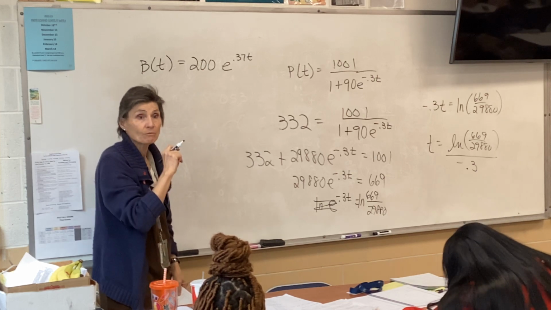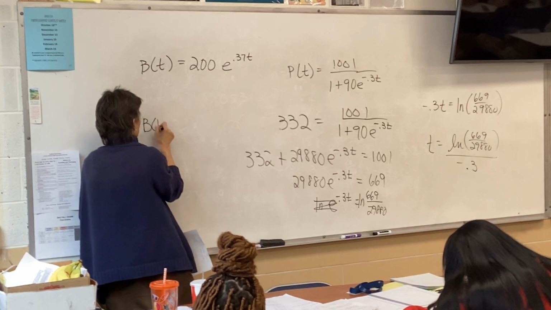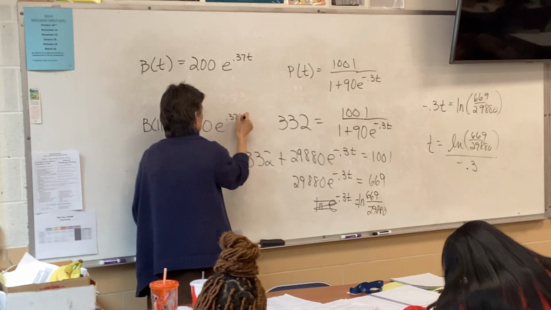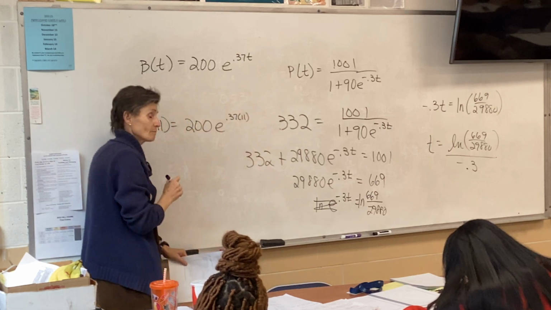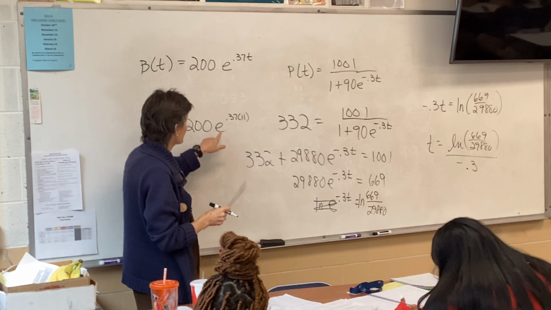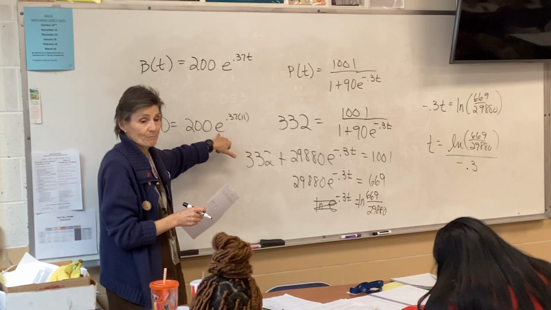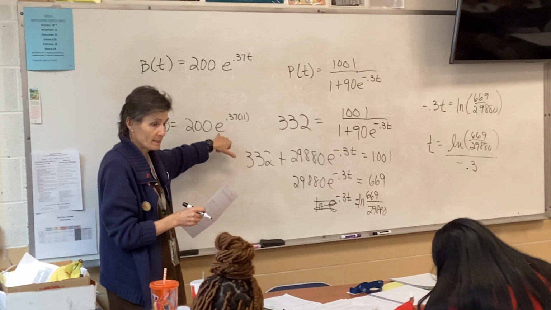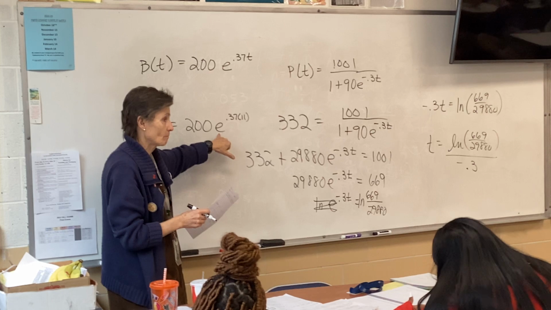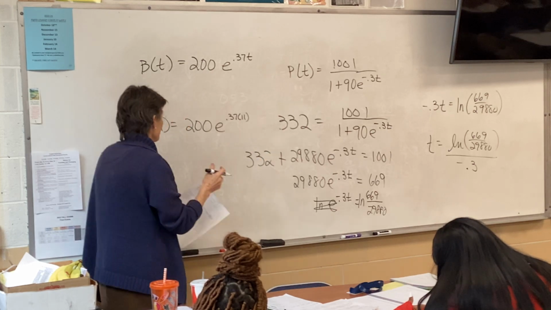Plug in 11 for t. So the 11 will be 200e to the 0.37 times 11. So 200 times e to this power. And how do we get e on our calculator? Second ln. And this is bacteria, so we'll round this one off too. What do we get?